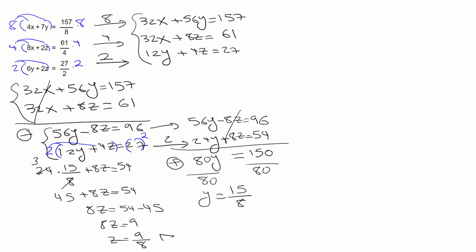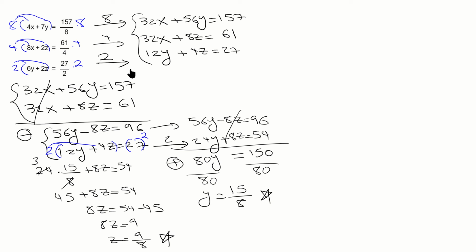So now we have z and we have y. So we're going to take those two values and go into one of those first 3 equations to get x. We can actually use just one of them. We don't need both. So I'll just go with the second equation and I'll plug in 9 over 8 for z.